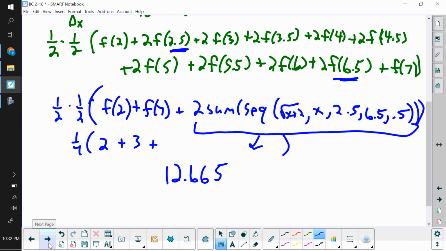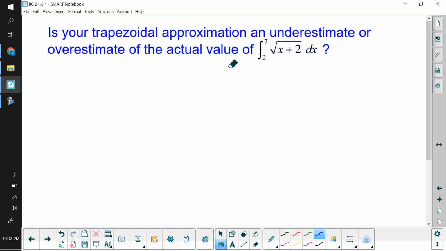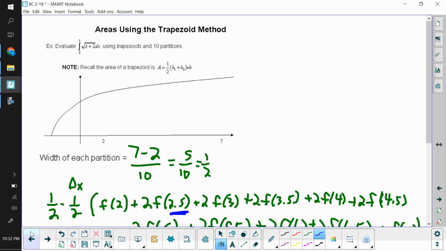Now, it may go on to the next page in your packet, but a follow-up question for this is our approximation an underestimate or an overestimate? Well, let's draw an example of one of our rectangles, or sorry, not rectangles, but trapezoids.